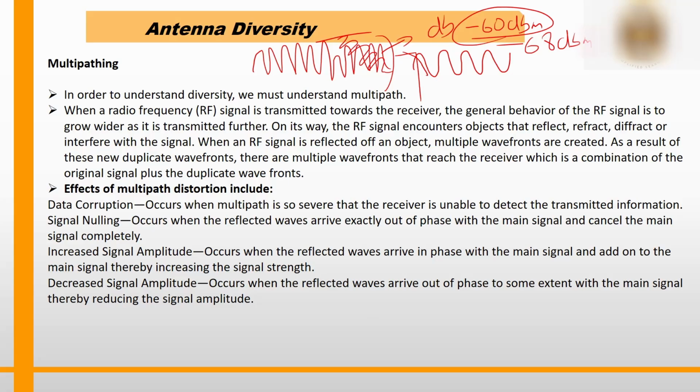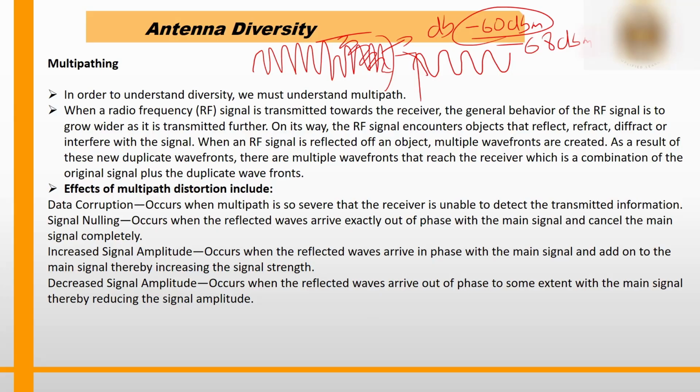When you are sending the radiation, it gets hit by some obstacle, maybe a tree, building, or some metal body, and it reflects. The main signal also keeps traveling, but a portion of it hits a metal object and gets reflected.